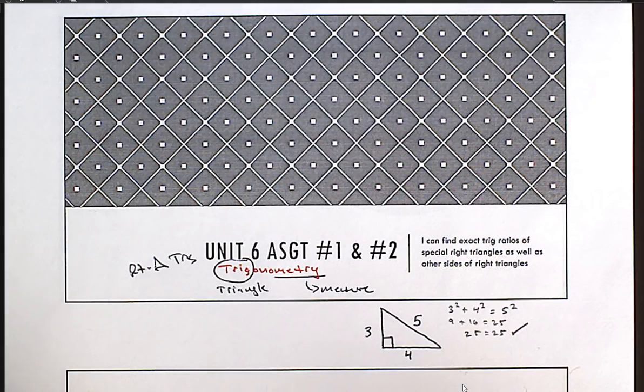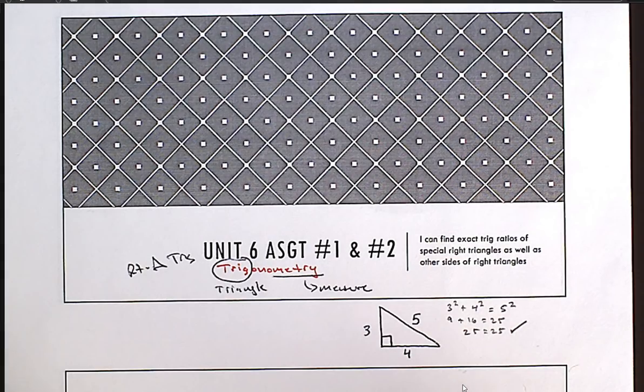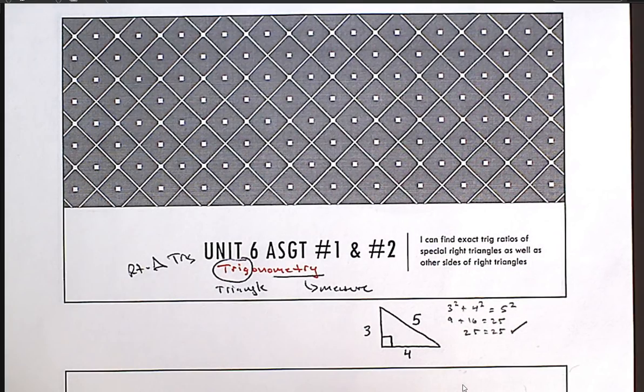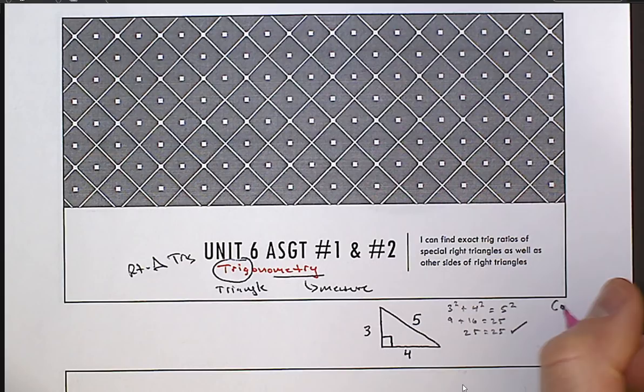I'm going to refer to this triangle, and I may draw it again when we start to do some of our trig ratios. Without reviewing all of your geometry skills from your trig units, basically what we're going to talk about today are some core functions of trigonometry.